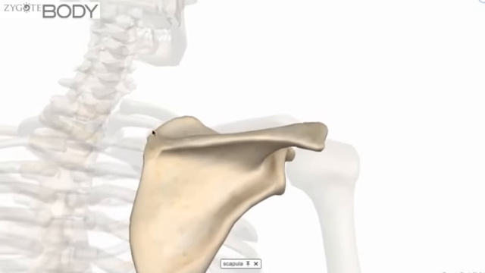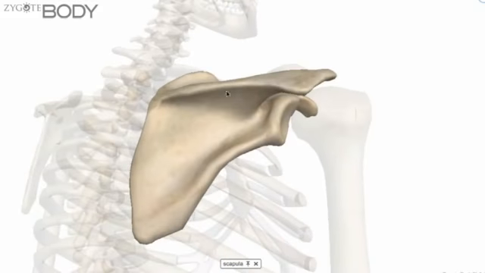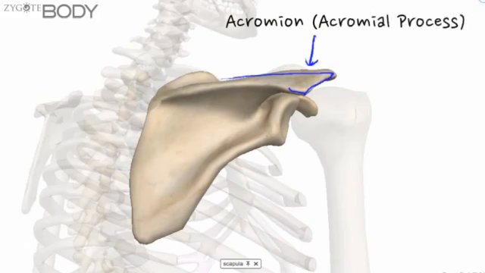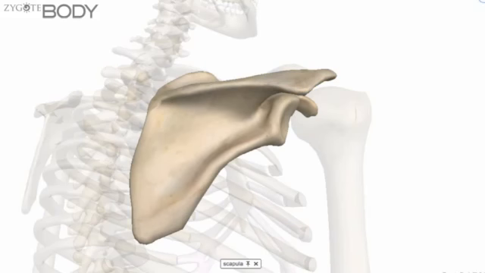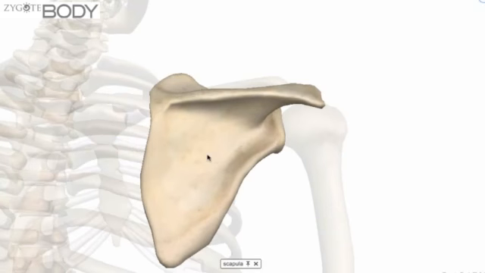And you can still see here this process. I'm going to highlight it for you. This process here is the acromion process. Now, another structure that you see on the posterior side of the scapula is the spine of the scapula.